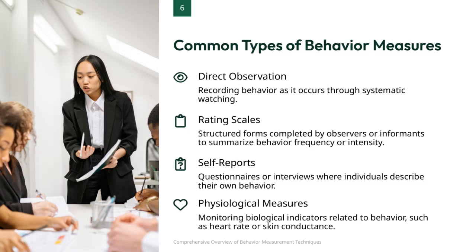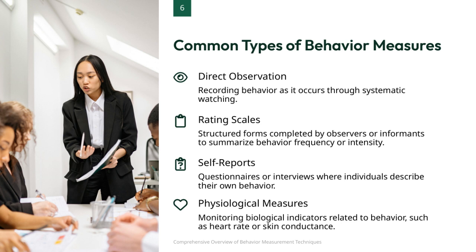When measuring behavior, there are several common methods we use. First, direct observation involves carefully watching and recording behavior as it happens, following a systematic approach to ensure accuracy. Then we have rating scales, which are structured forms filled out by observers or informants to provide a summary of how often or how intensely certain behaviors occur.